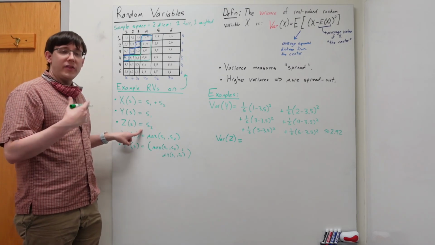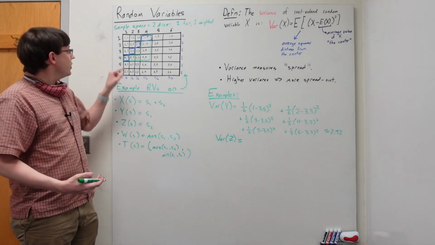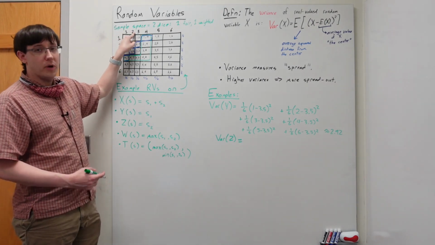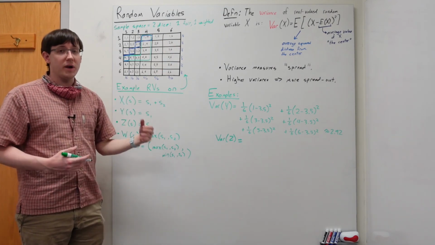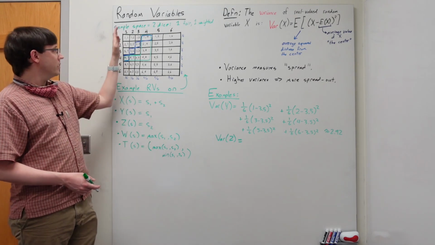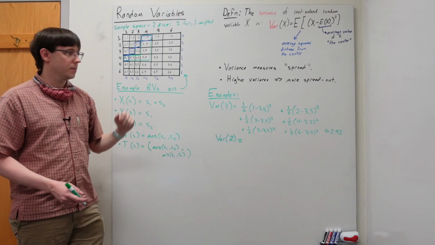We calculated that the expectation of z was 4.2, so we'll take 1 minus 4.2 squared, 2 minus 4.2 squared, and so on, and multiply each of those by the probability that the value occurs, where those probabilities are 1/10 or 2/10 or 3/10.